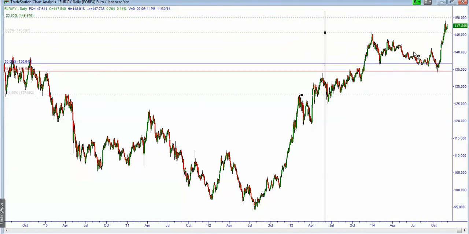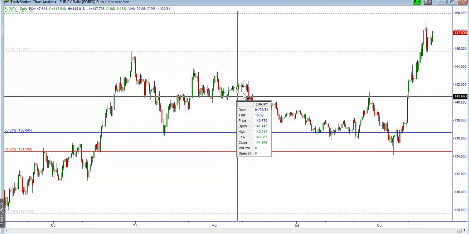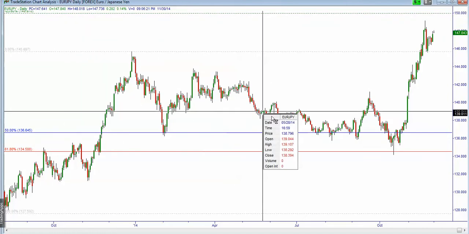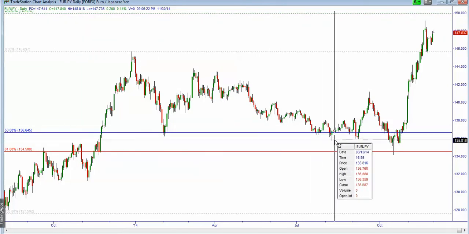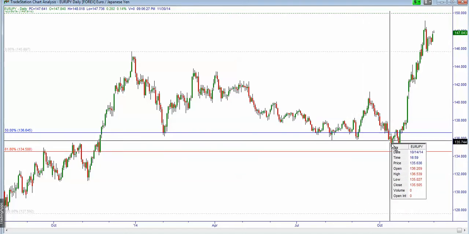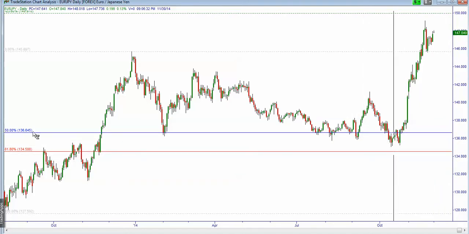As you can see, this market actually initially respected this level, the 136.64, and of course we were looking for 149.97. The market actually tested once, twice, 3 times, 4 times, 5 times, and then a 6th time was not able to contain this price, and this important 134.50 level was pierced.